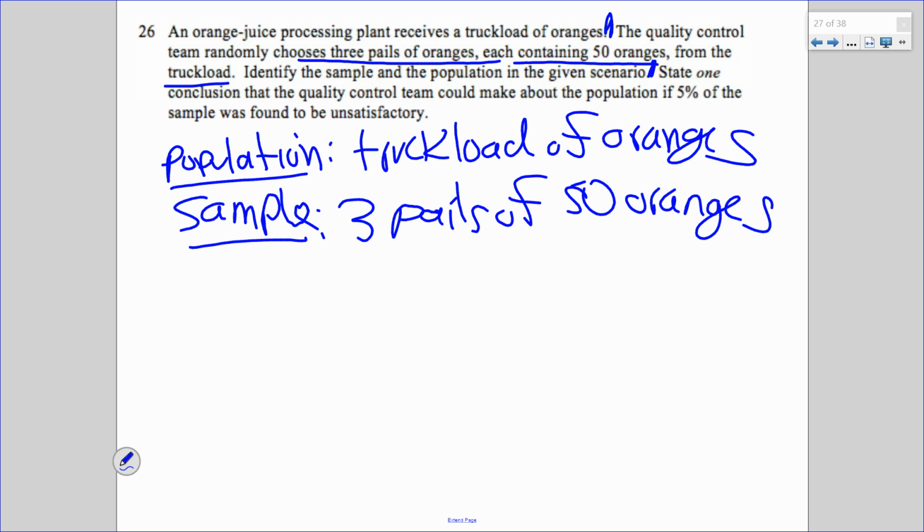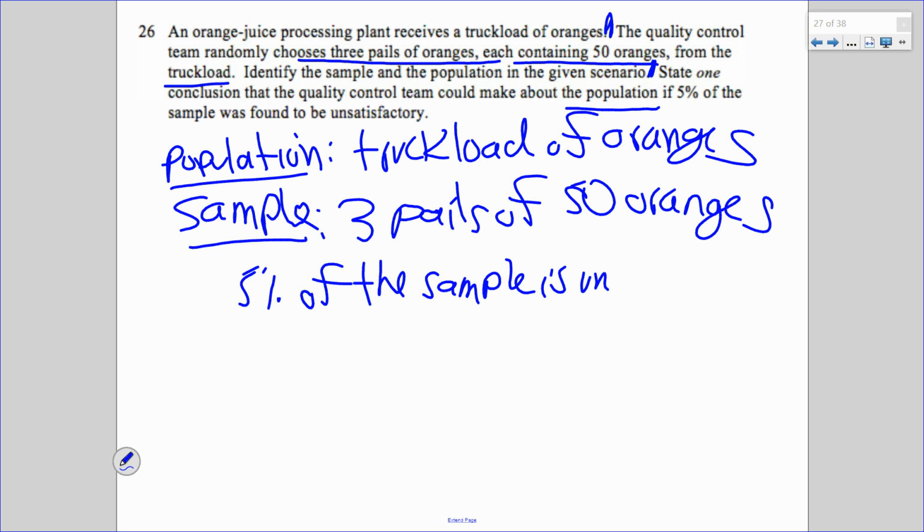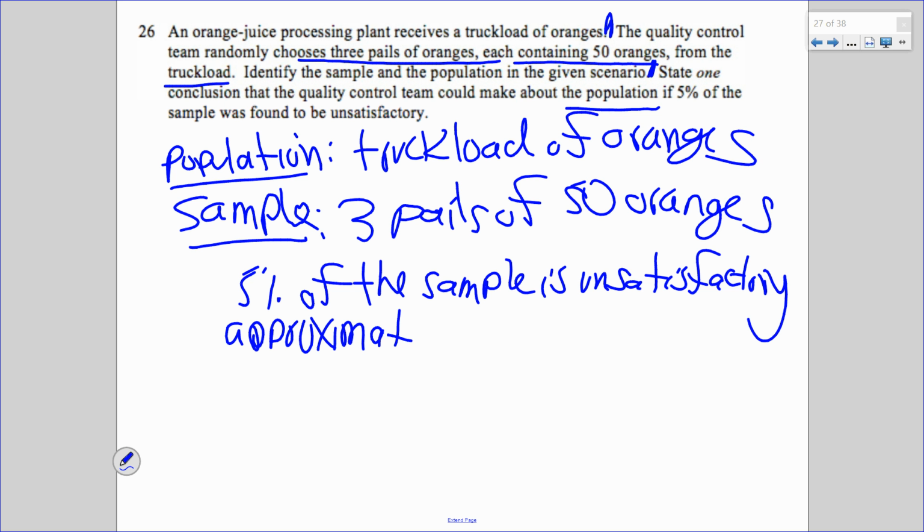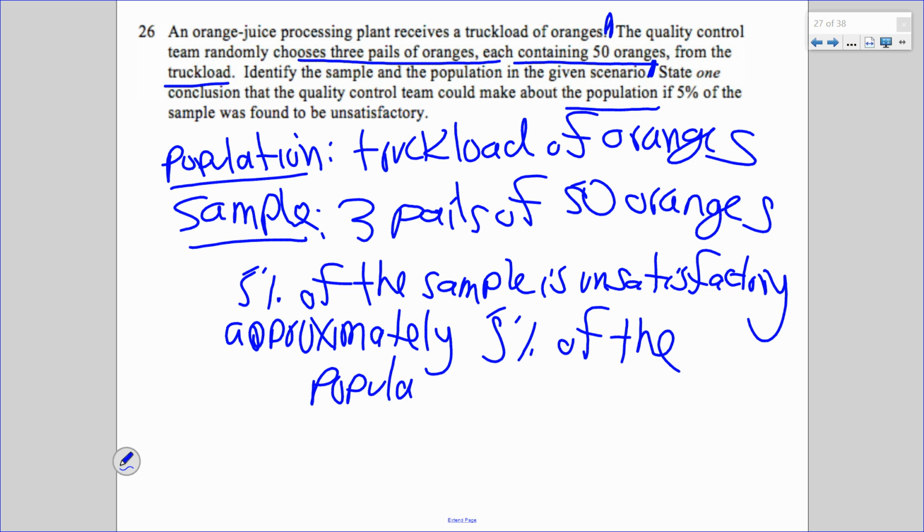State one conclusion that the quality control team could make about the population if 5% of the sample was found to be unsatisfactory. If 5% of the sample is unsatisfactory, if it was randomly selected, then approximately 5% of the population is unsatisfactory.